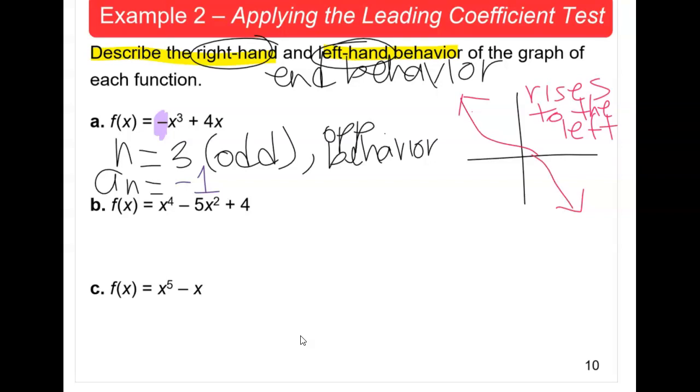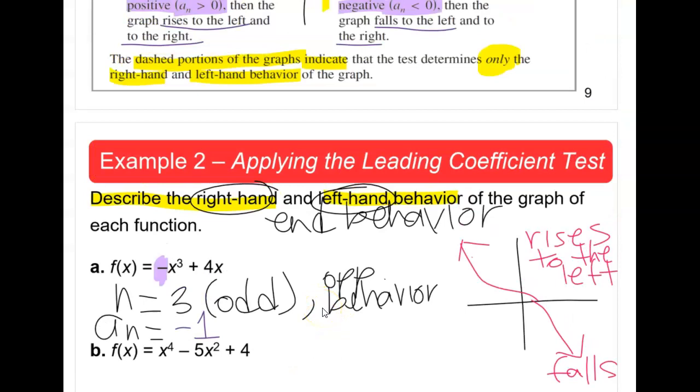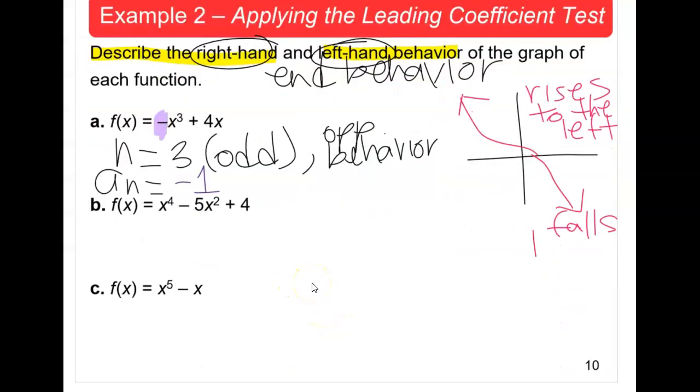Oh, there we go. Rises to the left, and it also falls. Is it to the right or from the right? To the right. It falls to the right. In other words, it's going up on the left, so we use the word rises, and it goes down on the right, so we use the word falls.